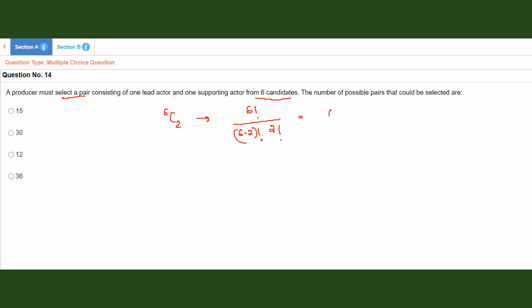So we can write that as 6 into 5 into 4 factorial by 4 factorial into 2 factorial, where the 4 factorials will cut, and 30 divided by 2. 2 factorial is 2 into 1, so it will be 15. So the answer from these options will be A.